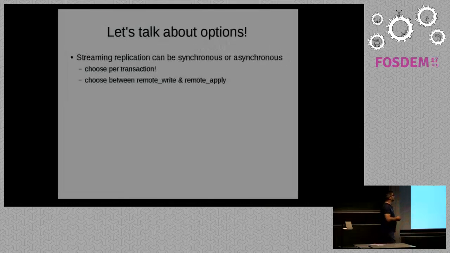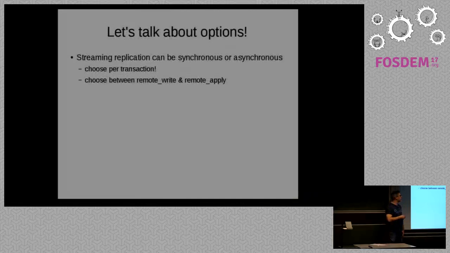You can have synchronous or asynchronous replication. And you can choose on a transaction level if your current transaction should be committed synchronously or asynchronously. So usually for your forum entries or whatnot, you would say, okay, async is okay, but when you have a payment, you just set that transaction to be synchronous, and that will only commit when it has reached the slave.